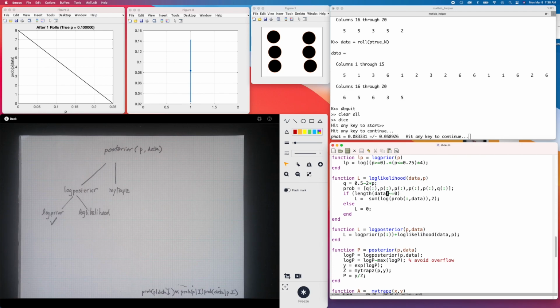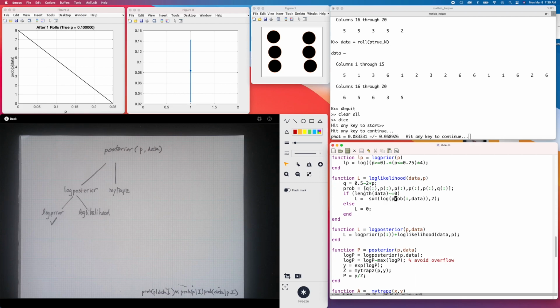And then, provided that the data set is not of 0 length, it will take the log of the probabilities of the data, and then sum the second column. So how does that work? These are the probabilities. The data are discrete numbers, 1 through 6, so I use the data as the indices into this probability function.